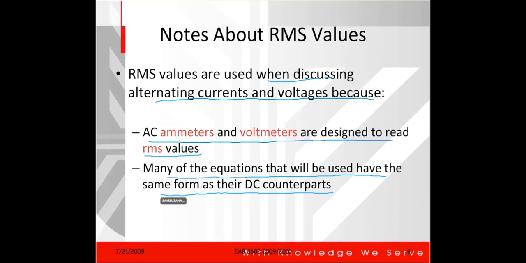Okay, so AC ammeter and AC voltmeter tak sama dengan DC punya multimeter. Bila kita guna AC punya ammeter and voltmeter, to read the volt and the current, dia orang akan guna the RMS value lah. Sebab kalau tak, dia akan dapat kosong je.